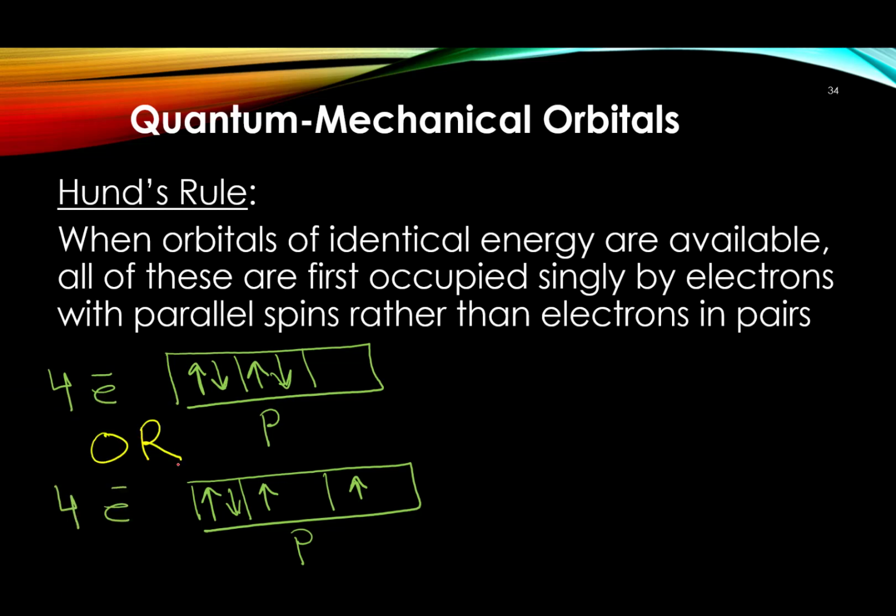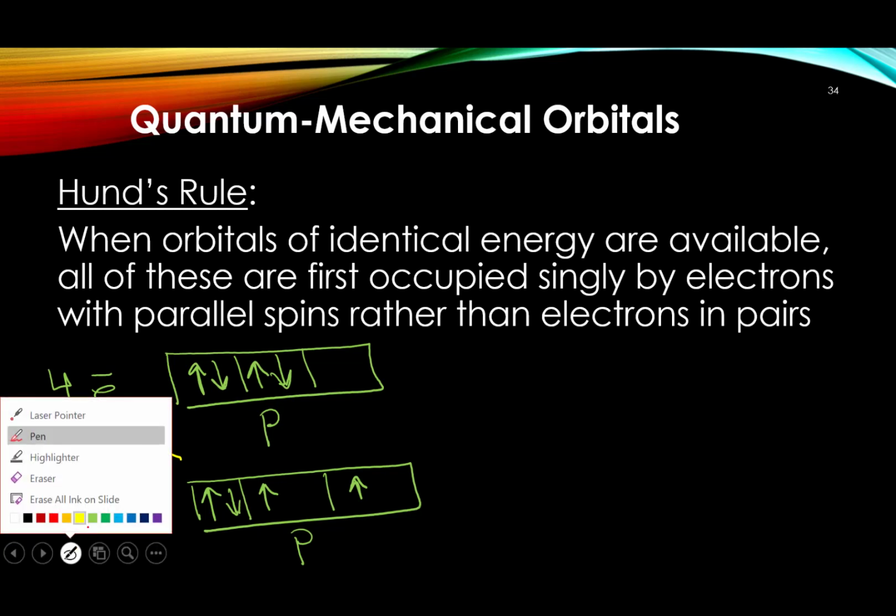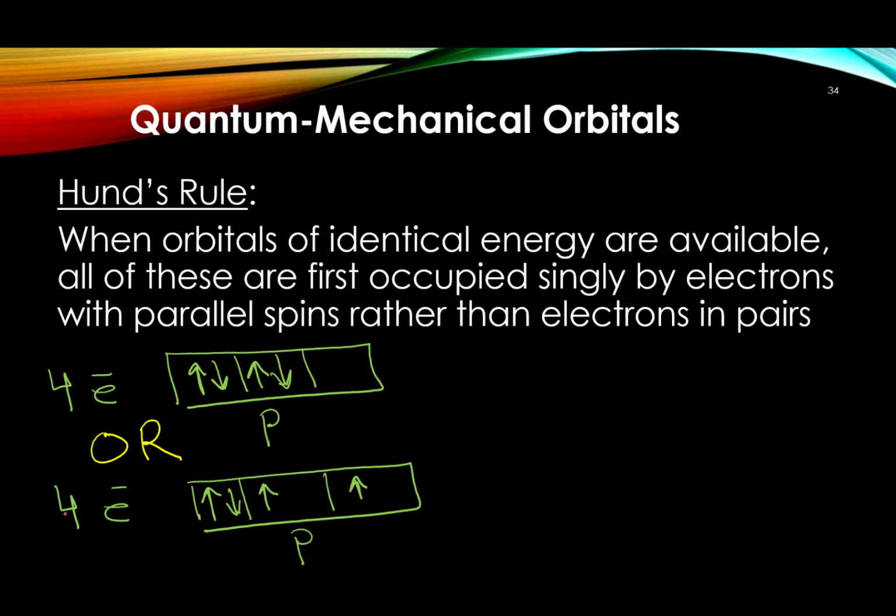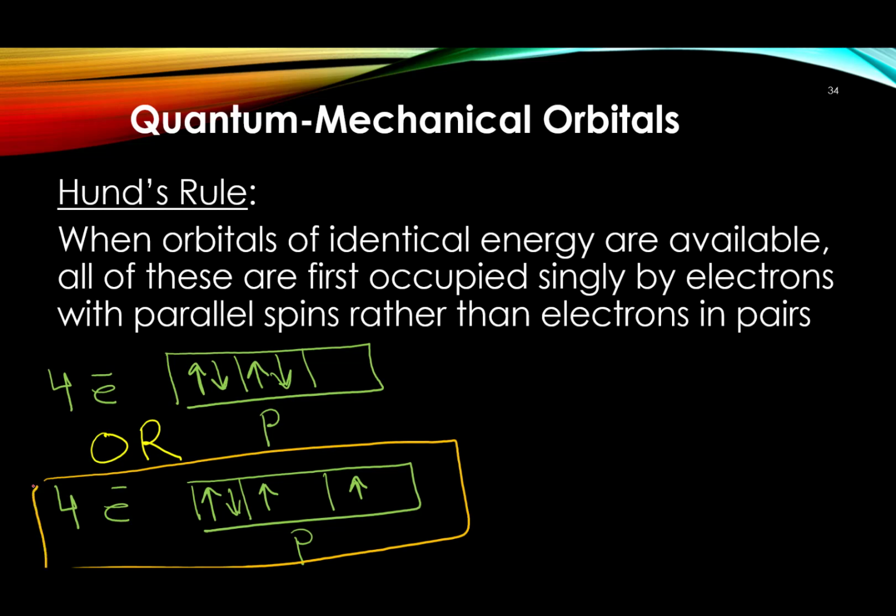By Hund's rule, what it says is that for the orbitals of identical energy level, you want to make sure you have a minimum of 1 electron in each orbital. What that means is that this is the one that will be accepted. That one will be inaccurate.